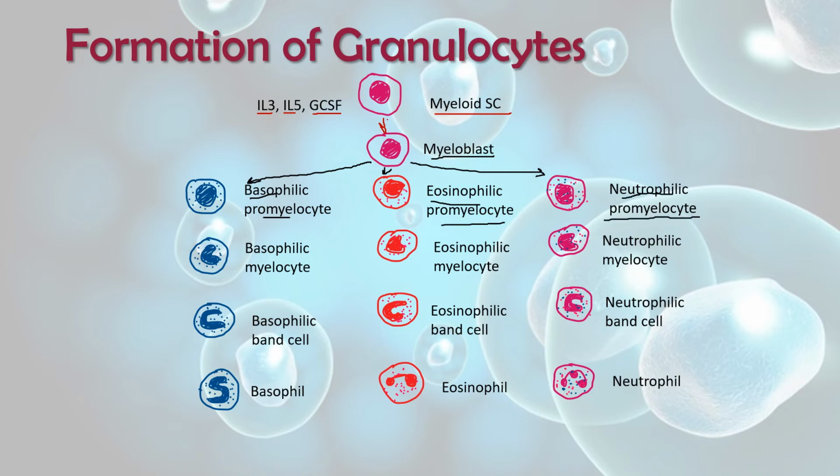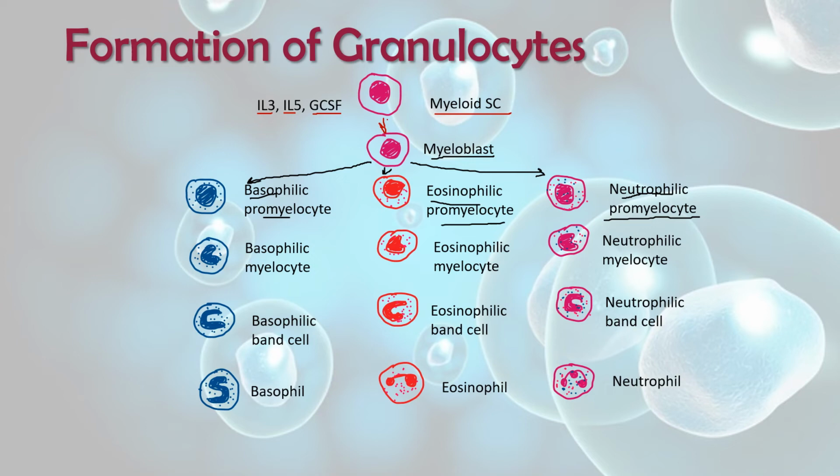So we can see that from the myeloblast there is a generation of promyelocytes. Now, this cell is blue in color. Why is it blue? Because the granules present in the basophilic promyelocytes stain with methylene blue. That's why they appear blue in color.